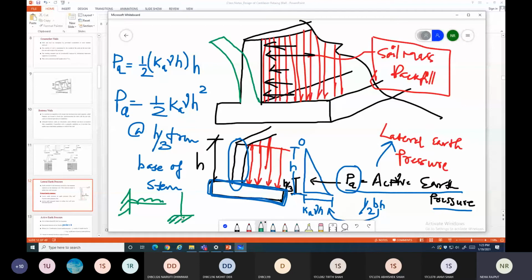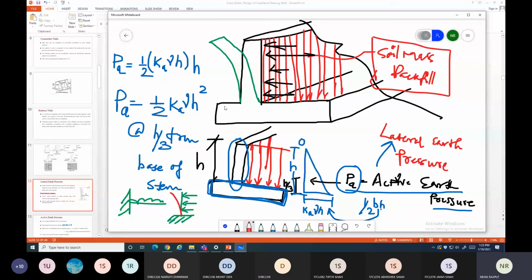Here is my stem part, and now the load is acting from this direction. So the behavior of the cantilever will be like this, due to this load.